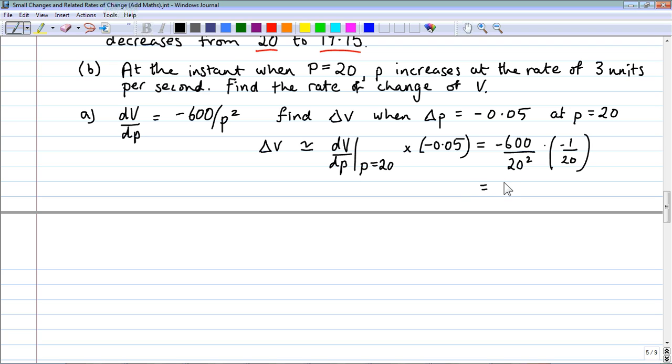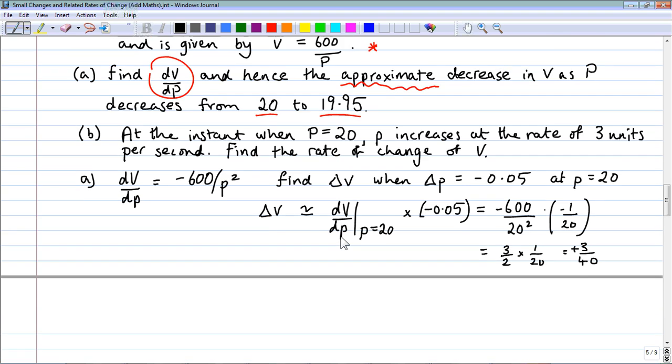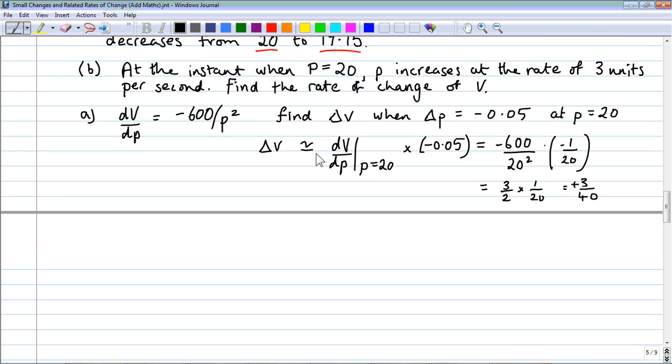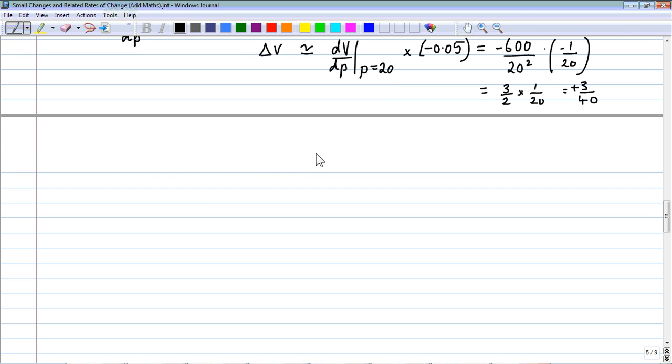Okay, so that should be 3 over 2 times 1 over 20, or plus 3 over 40. Notice that V increases when P decreases, which makes sense if you look at the starting formula. Now let's look at part B.